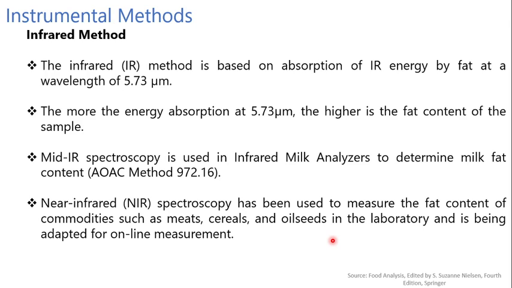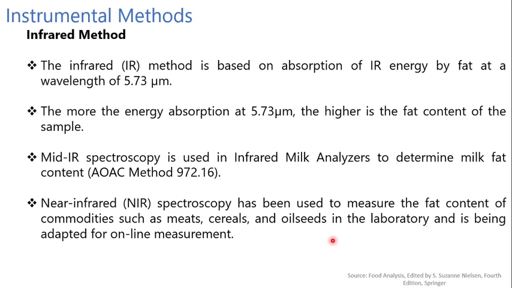Now the next is the instrumental methods. The instrumental methods have various attractive features compared with the previously described extraction methods. In general, they are rapid, non-destructive, and require minimal sample preparation and chemical consumption.